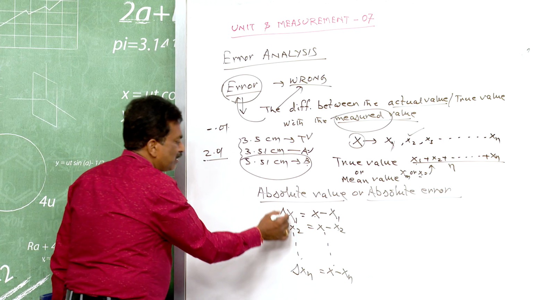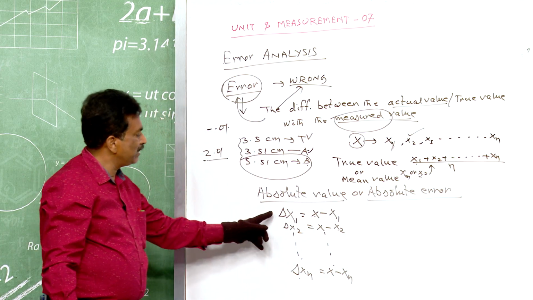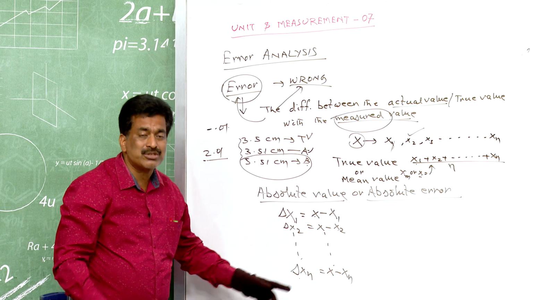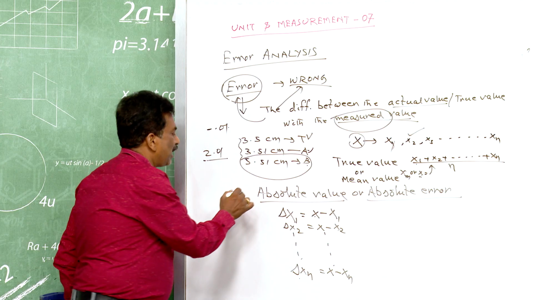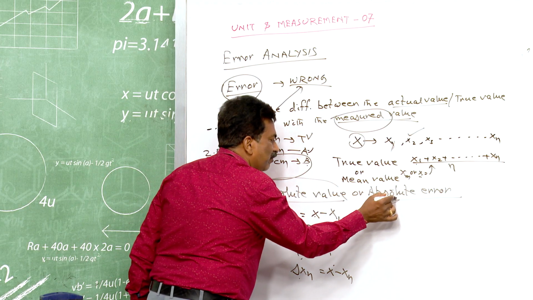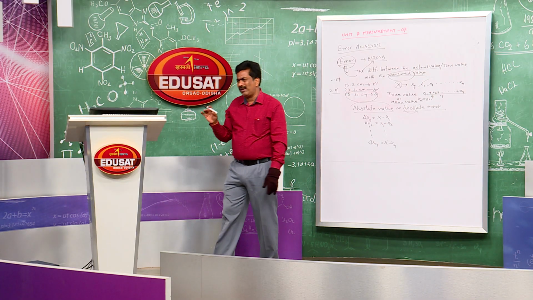So these are the absolute errors. These delta x1, delta x2, delta x3 may be positive or negative. So the absolute errors may be positive or negative.